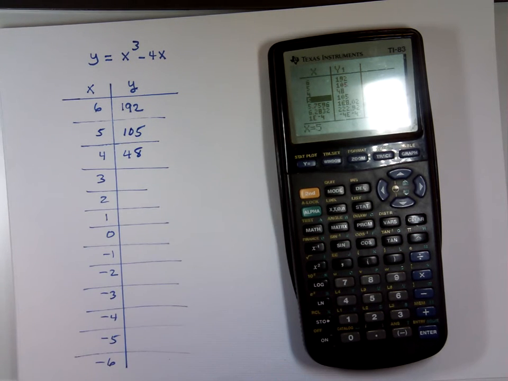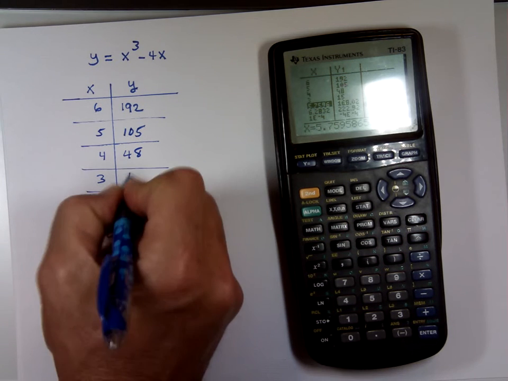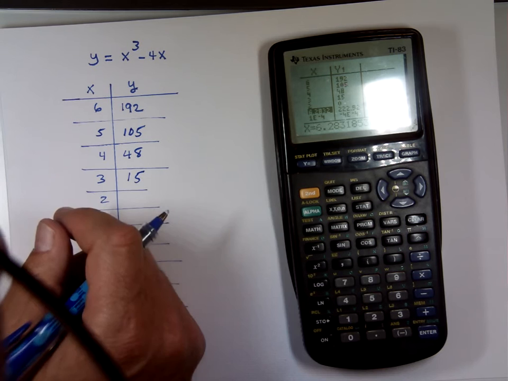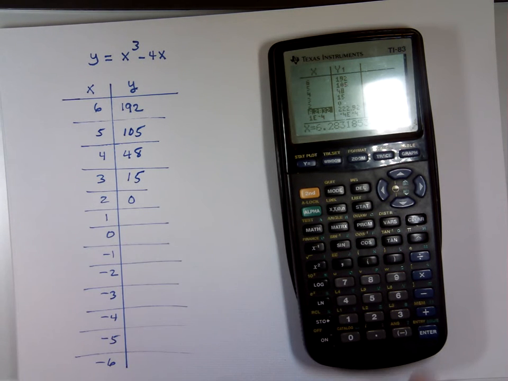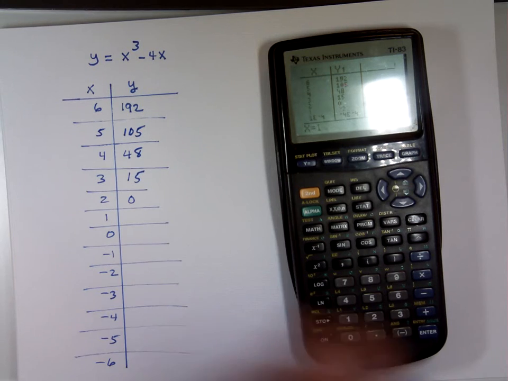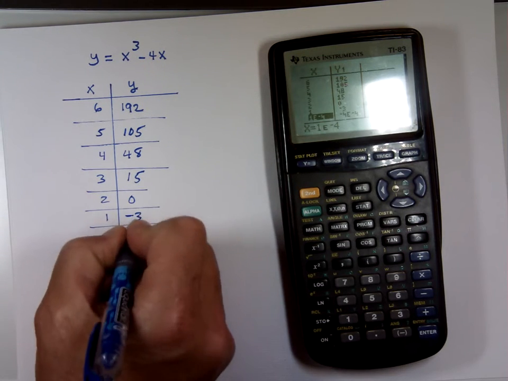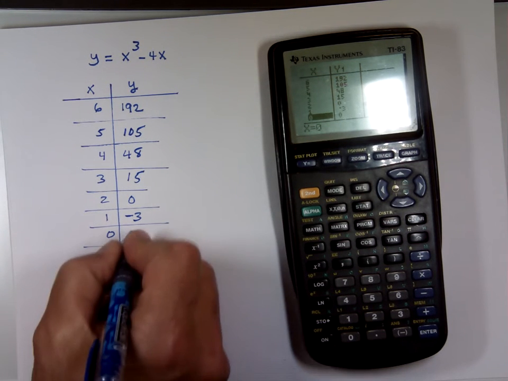When x is 3, it's 15. When x is 2, it's 0. When x is 1, it's negative 3. When x is 0, that's a 0.